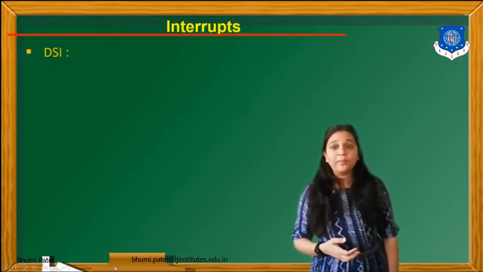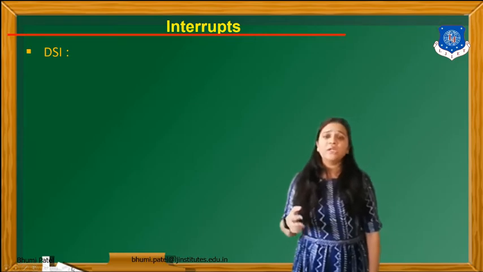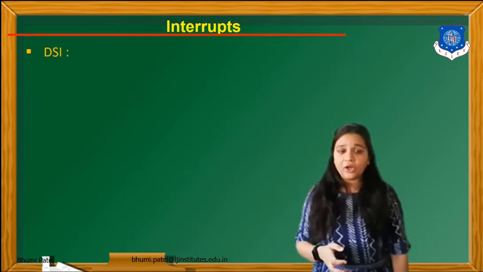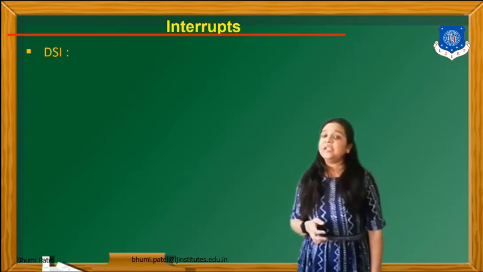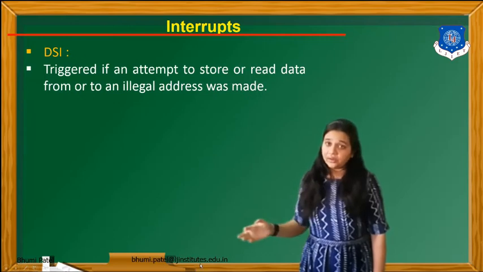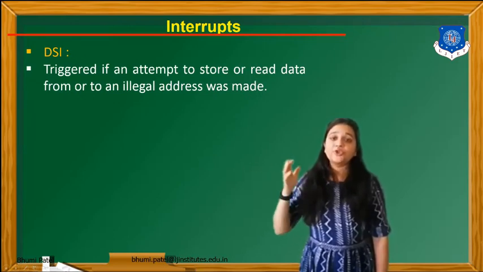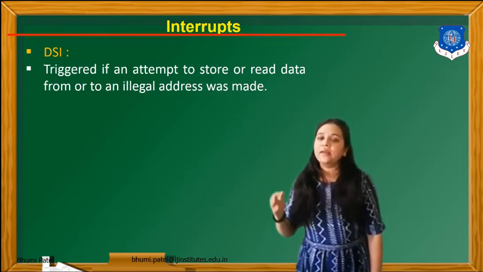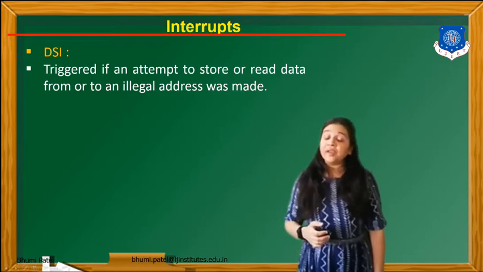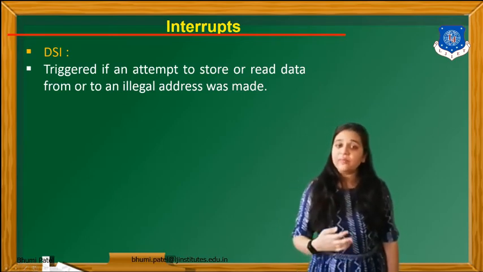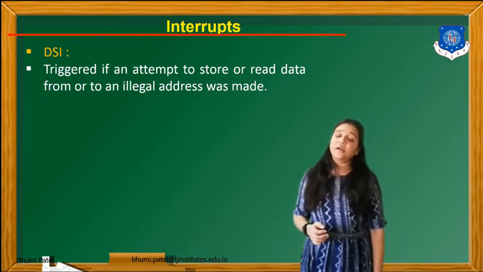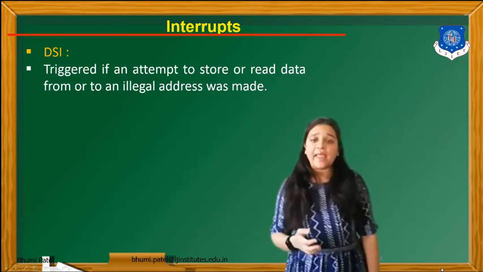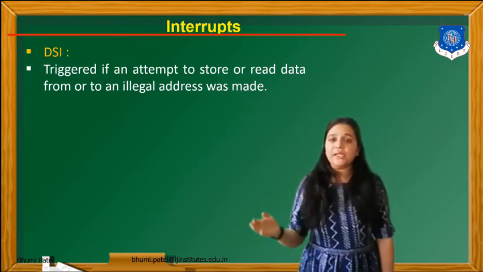Okay, so in the PLC we will study the different types of interrupt that are used in the ladder logic diagram. So the first one is the DSI. It is triggered if an attempt to store or read the data from or to an illegal address was made. Whenever we write the program in the ladder diagram, as we discussed earlier, there are different types of programming language used in PLC programming.